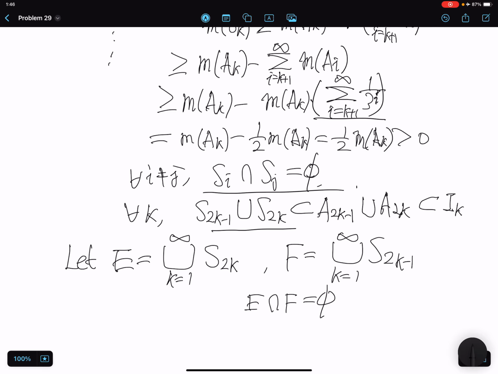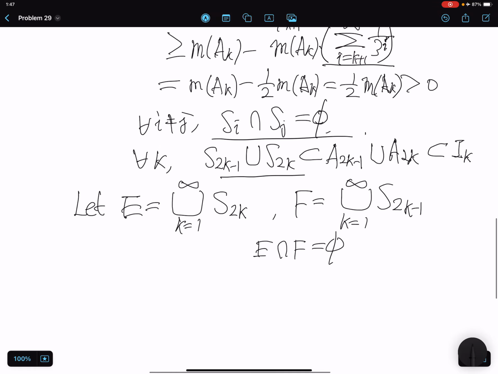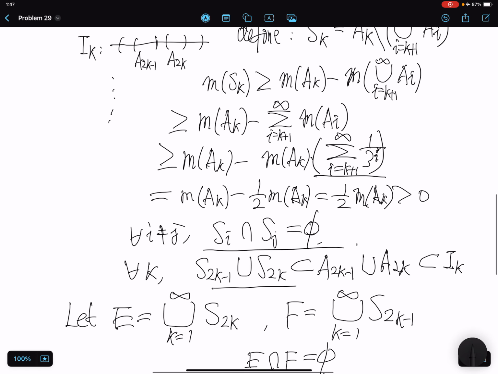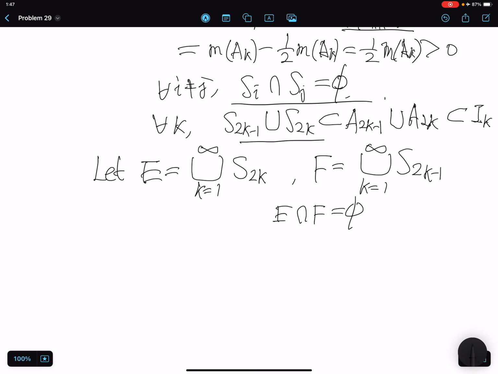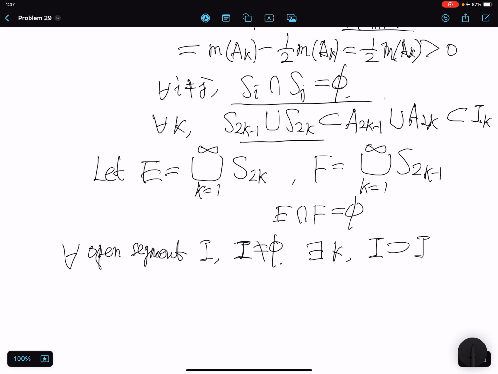And let's check that this E actually has the property that we want. So let's check for any non-empty open segment I, we have some k such that I contains I sub k, right?